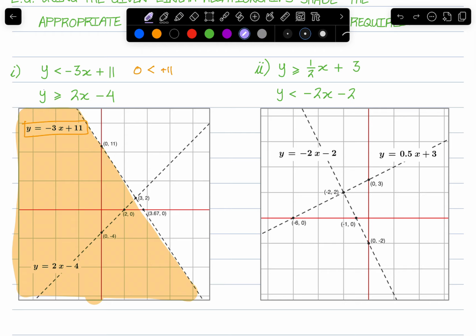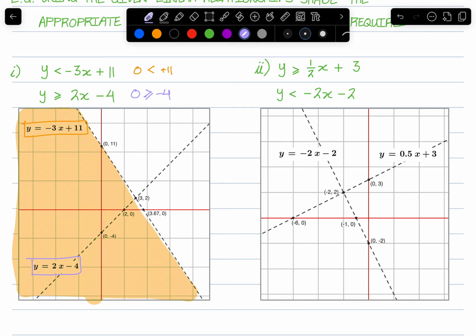Okay, so in purple, I'm again going to substitute 0 into the other function, the other line. So we're going to get 0 is greater than or equal to. When I substitute 0 here, I will get negative 4.